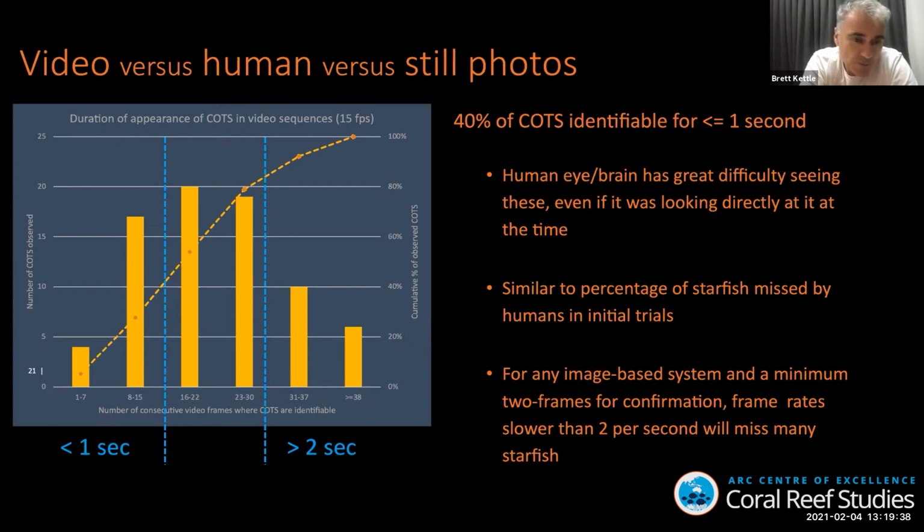This kind of 40% of starfish visible for less than 1 second is actually, history will tell whether it's a coincidence or not, but it is uncannily like the amount that Russ and I missed when we were annotating all of our video footage.